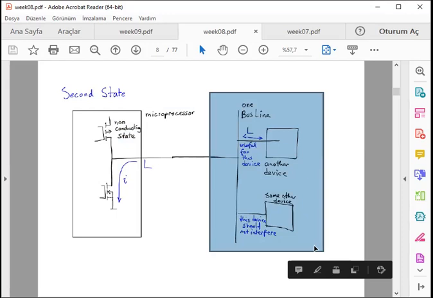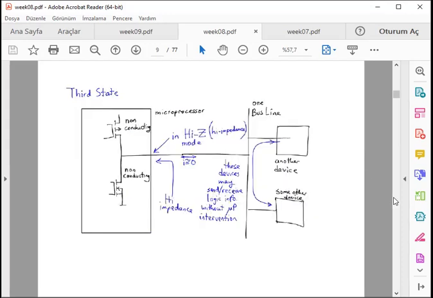Now imagine if both of the output devices are connected directly, and one of them wants to increase or draw current while the other wants to behave the opposite, so there will be a kind of conflict.